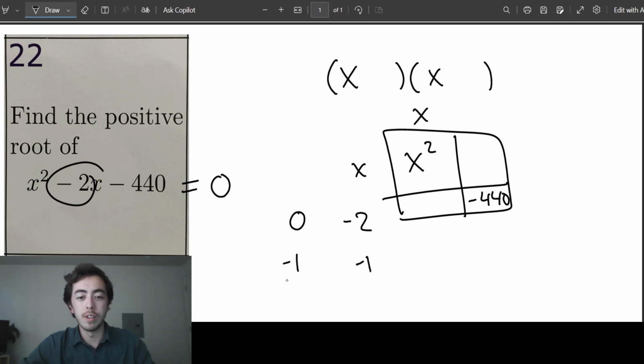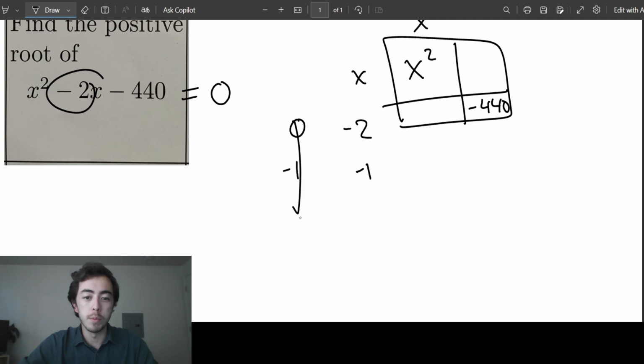I could keep subtracting 1 here and keep adding 1 right here, and I would just get an infinite list of possible answers. And I don't really like the idea of searching for a needle in an infinite haystack.